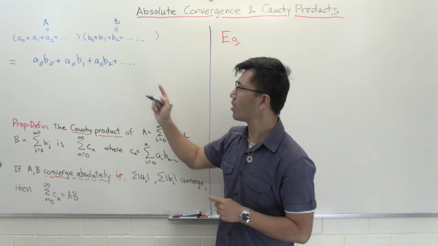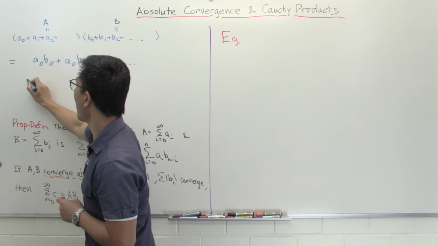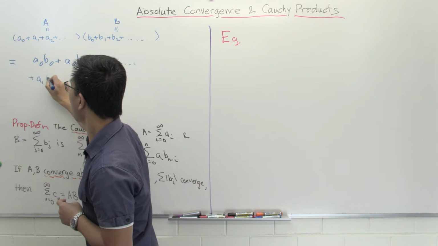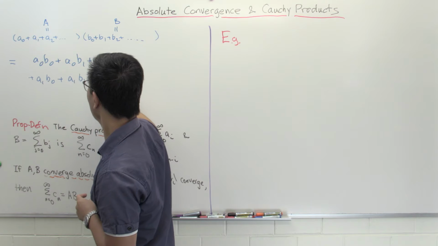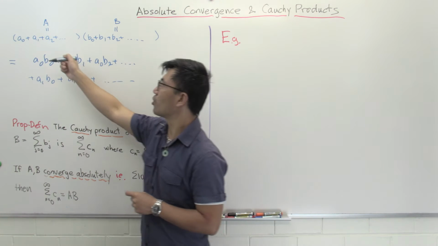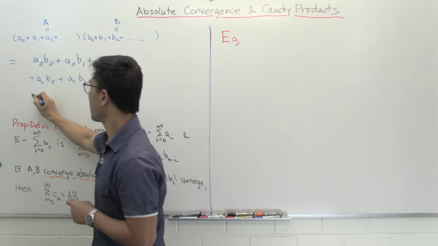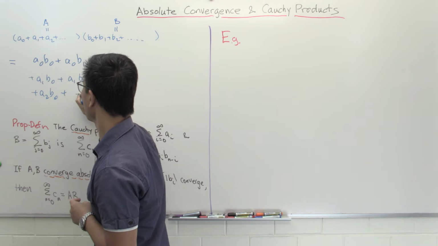And now to that you have to add A1 times all of these terms: A1 B0 plus A1 B1 plus dot dot dot. And then you do that for all of these elements, plus A2 B0 plus dot dot dot.